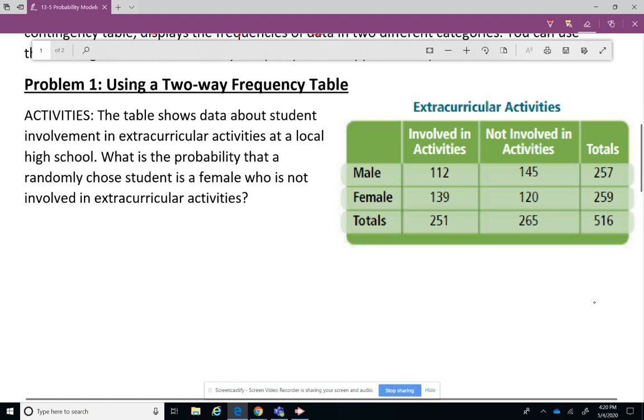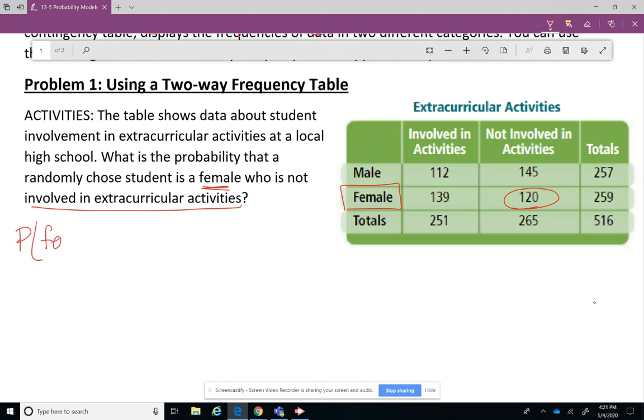What is the probability that a randomly chosen student is a female who is not involved in extracurricular activities? So we're talking about this whole pool of people. That is the probability of a female that is not involved.